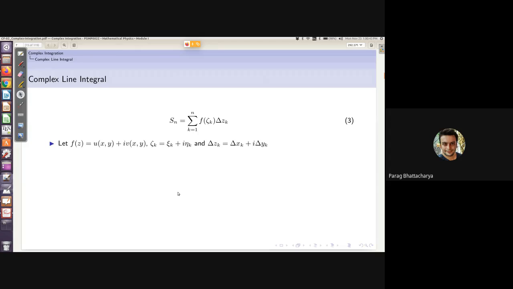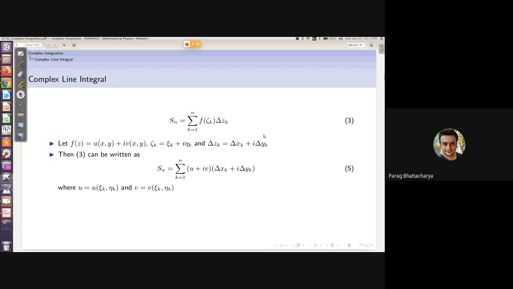Next, because this is a complex function f, we write this function as u plus iv. Once again, note, I did not mention any relationship between u and v. In other words, I did not say that the Cauchy-Riemann conditions hold good, so f need not be analytic. Because zeta is a complex number, it can be written in terms of a real part and an imaginary part, and delta zk also will have a real part and an imaginary part.